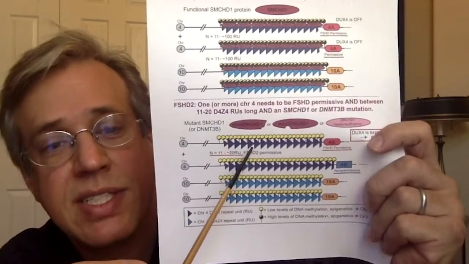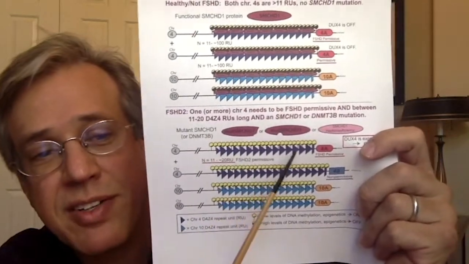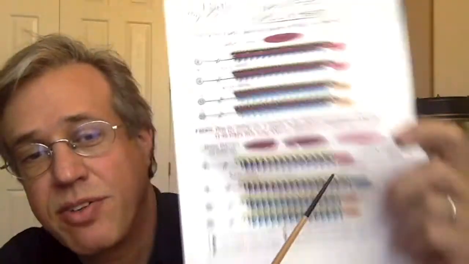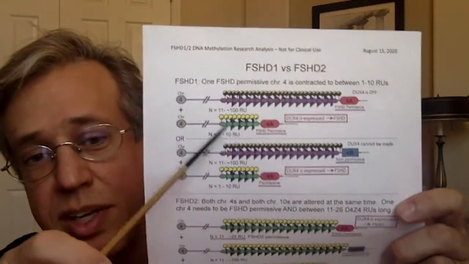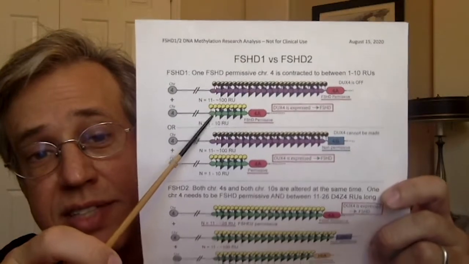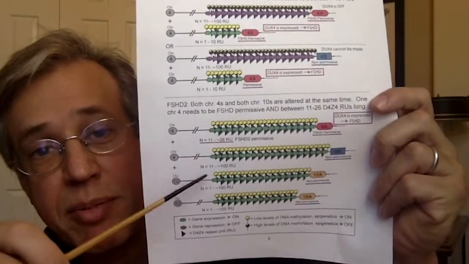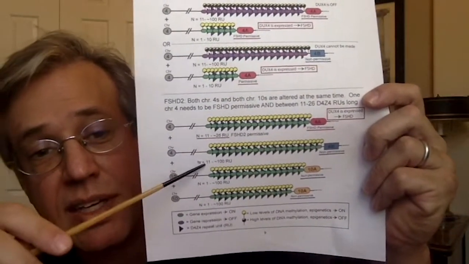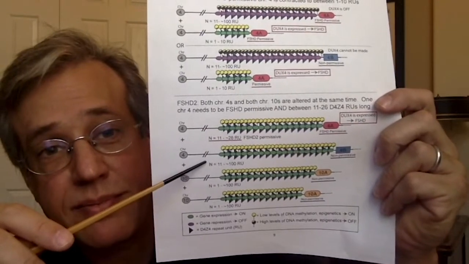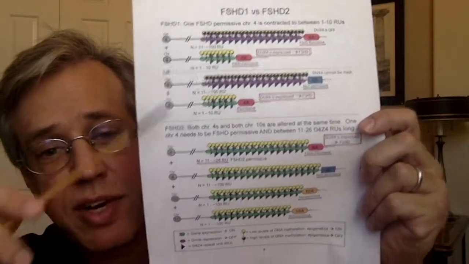And if one of these is 20 repeat units or less and permissive, you express DUX4, and that's FSHD2. So FSHD1 versus FSHD2: FSHD1 is contraction dependent, and FSHD2 is strictly epigenetic. FSHD1 is contraction, FSHD2 is mutation, most often in SMCHD1. Thanks.